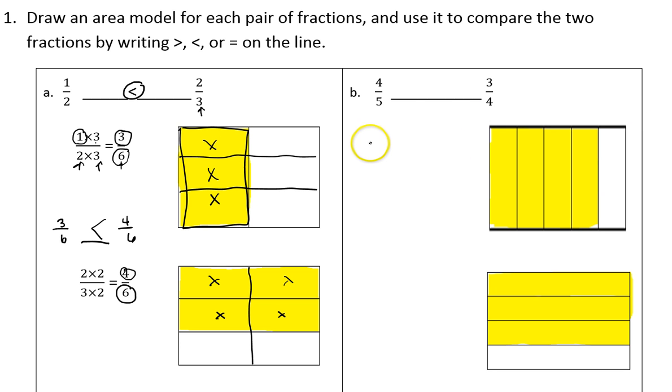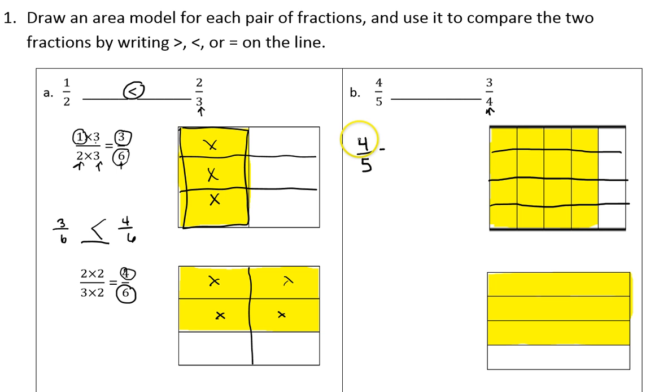I'm going to start with the 4/5 that my top model shows, and I'm going to draw the fourths on top of it because my other fraction is dealing with fourths. So I'm going to draw horizontal lines across that match the horizontal lines from the model below.